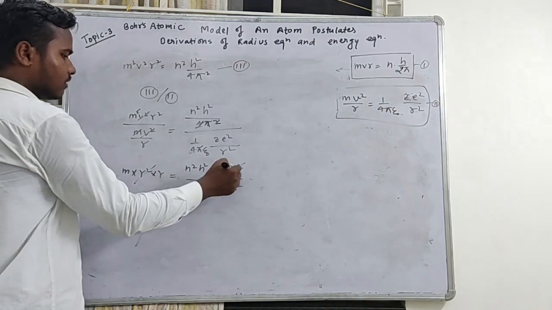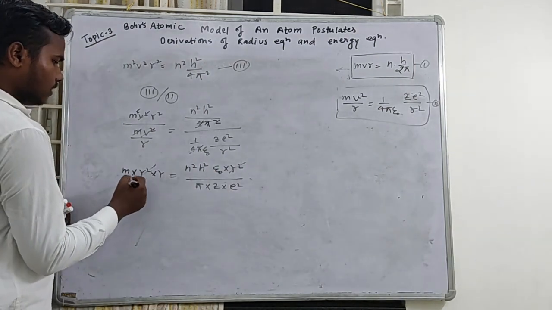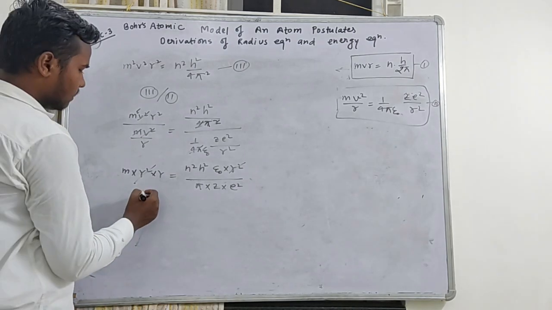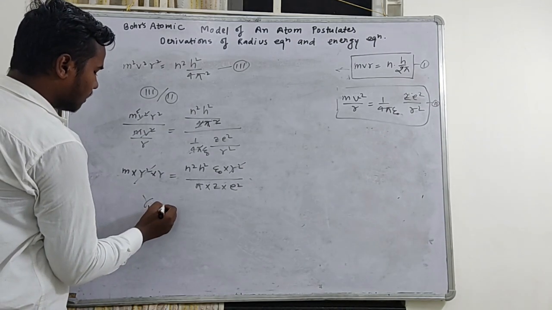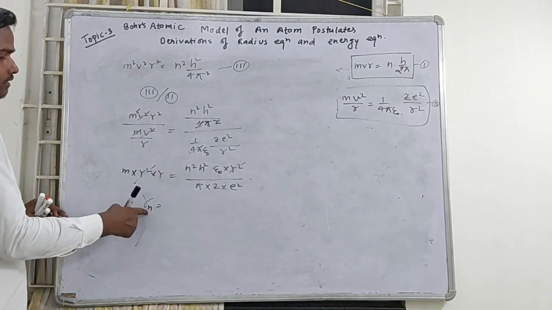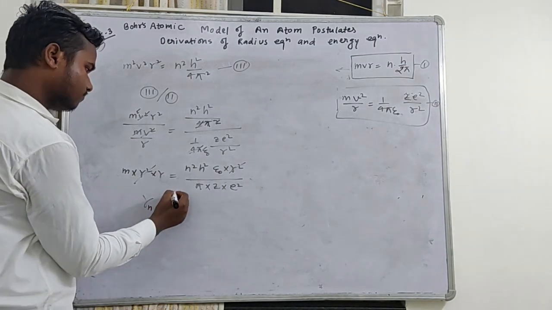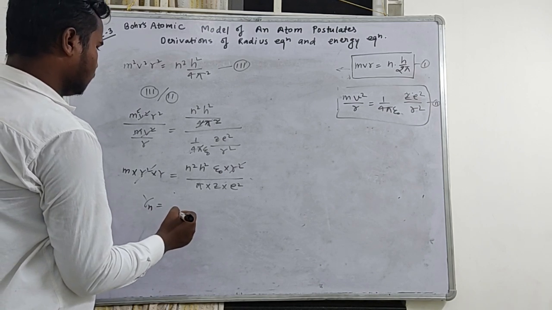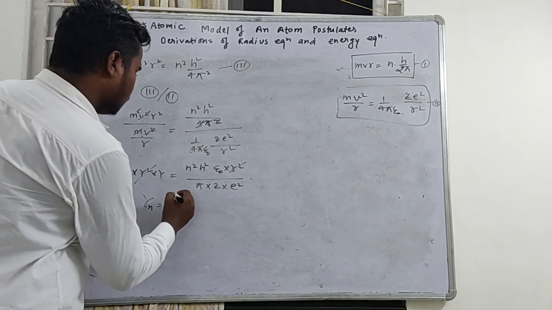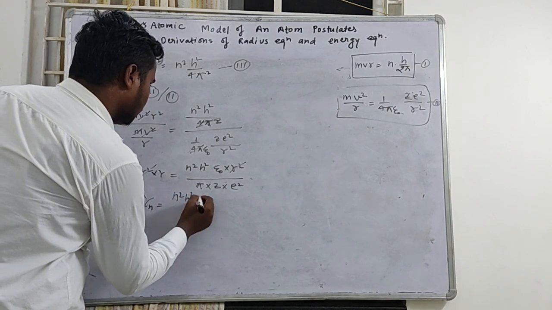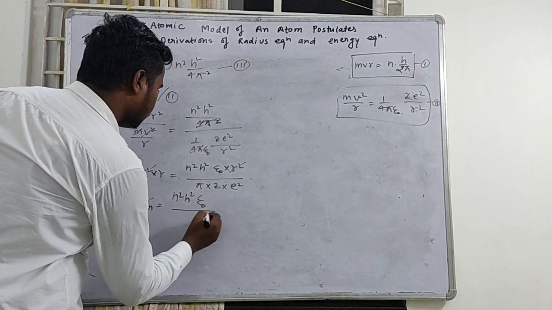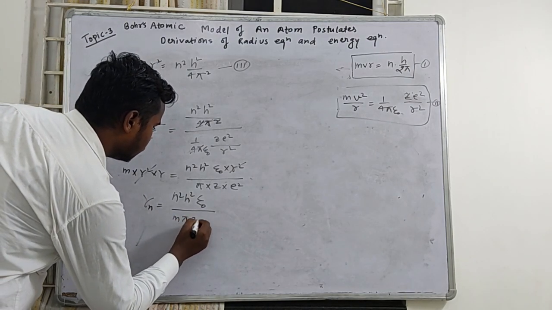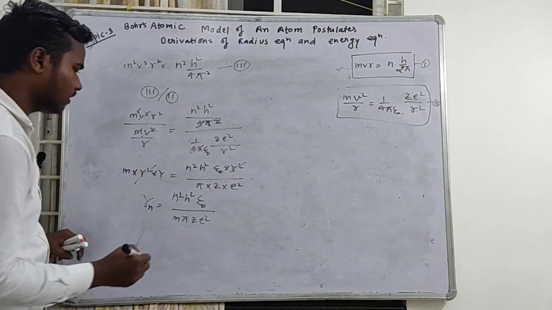So r square to r square cancels out. m we send to the denominator, so rn, the nth orbital radius, is n square h square epsilon naught upon m into pi into z into e square.